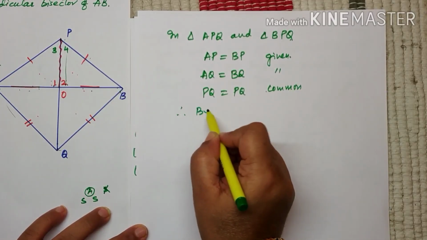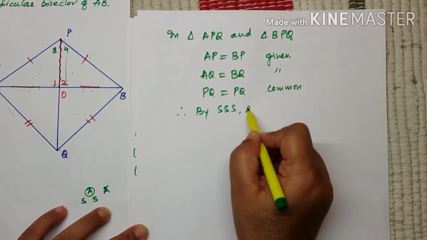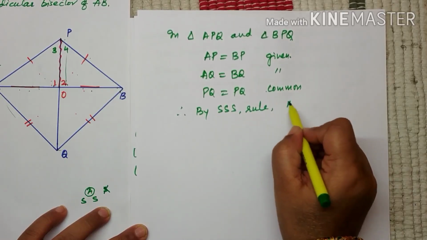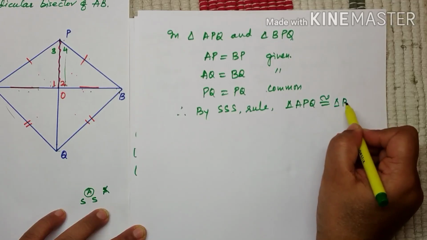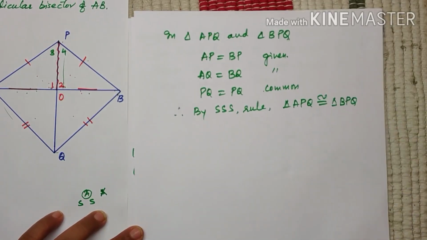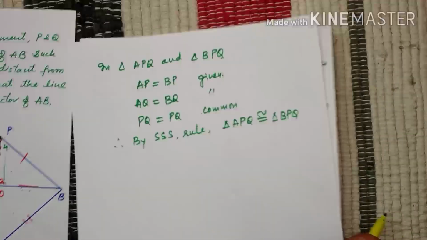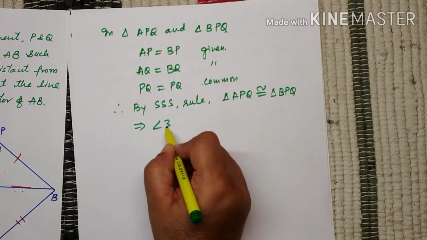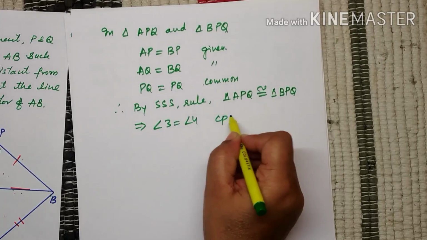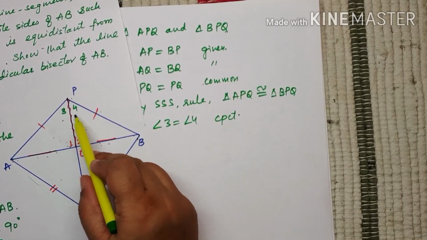Therefore, by SSS rule, we have triangle APQ congruent to triangle BPQ. If these triangles are congruent, what do I conclude? I get angle 3 equal to angle 4 by CPCT. So we got these angles equal.